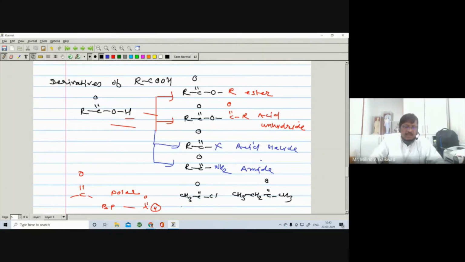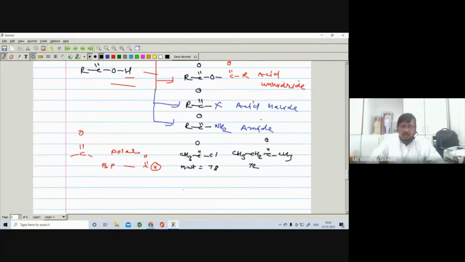Here the molecular weight is about 78 and about 72. Okay, and the boiling point here is 51, and here is 80, right?